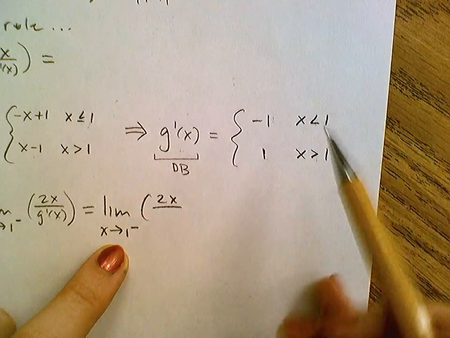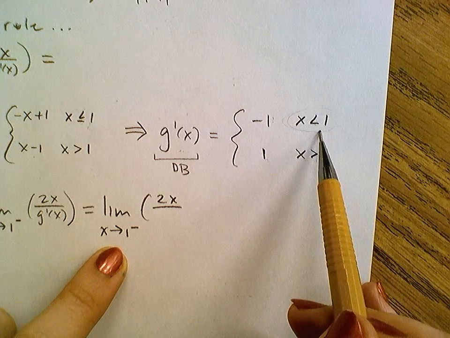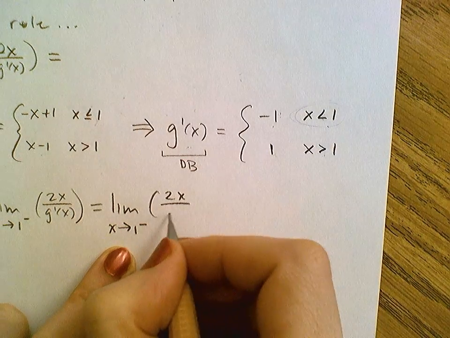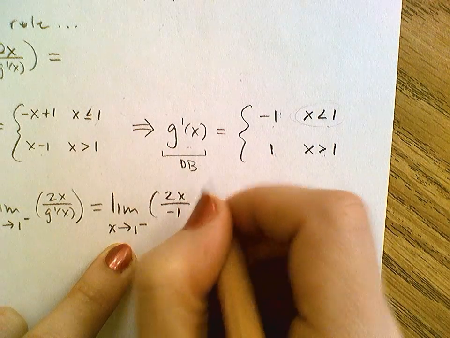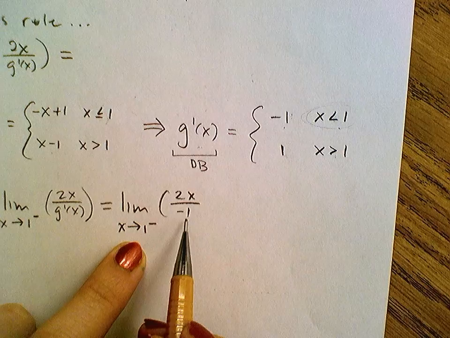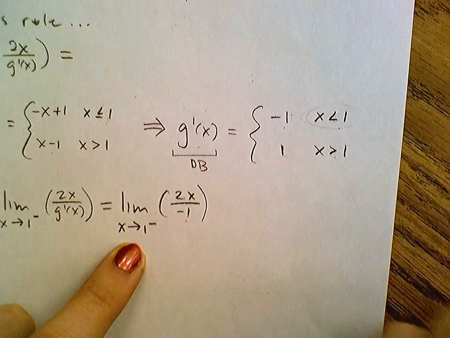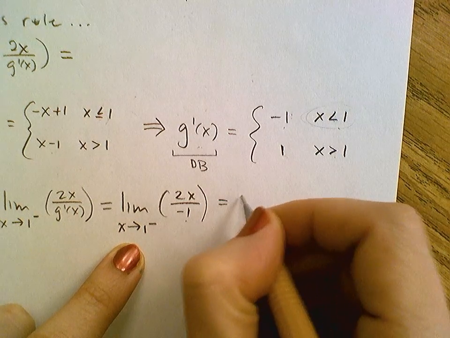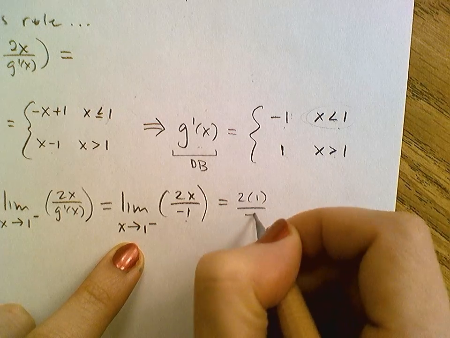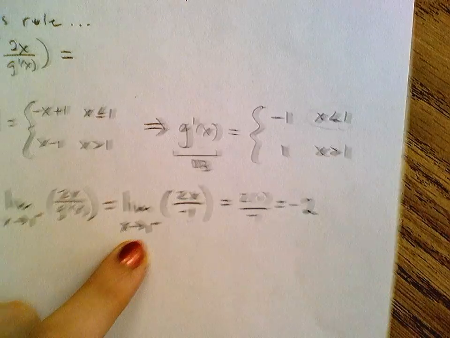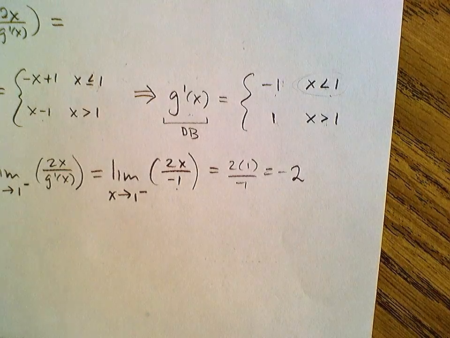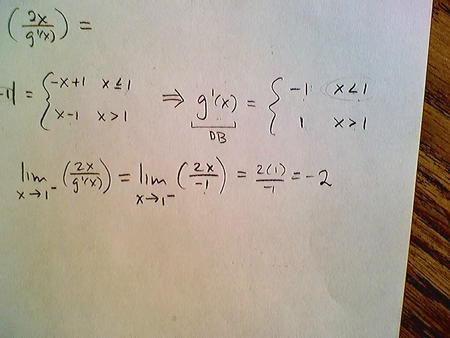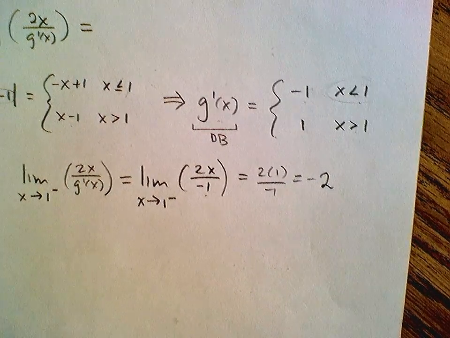So that is this interval, so g prime is negative 1. We would be using this piece, and then you can just plug 1 in. So this ends up being 2 times 1, because now we're direct substituting. So the limit from the left is negative 2. And remember, if the left-hand limit and the right-hand limit are not equal, then the limit doesn't exist.